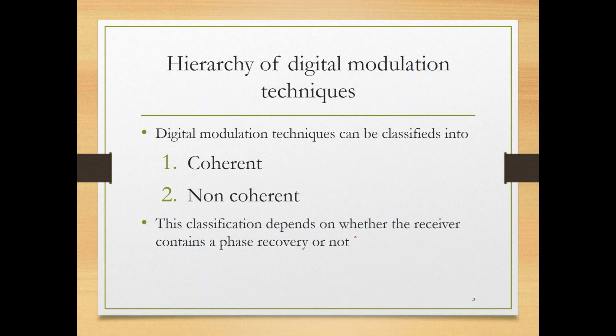Because at the end of the day, you decode your data from the carrier. Yes? And you must have perfect synchronization. Any missynchronization between the transmitter carrier and the receiver carrier, you end up not able to decode your data. You will have too many errors. This is coherent.